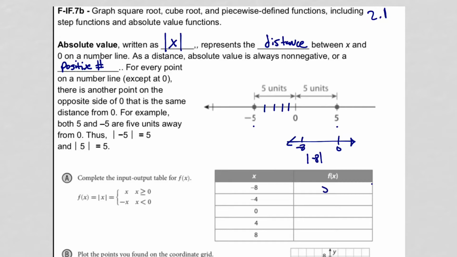Of course, that would be 8 units. Same with the absolute value of -4, 4 units away. 0 is 0 units away from itself. 4 is 4 units away from 0. The absolute value of 8 is 8 units away from 0. Hopefully you've seen this before, and let's go on to the next section of the guided notes.